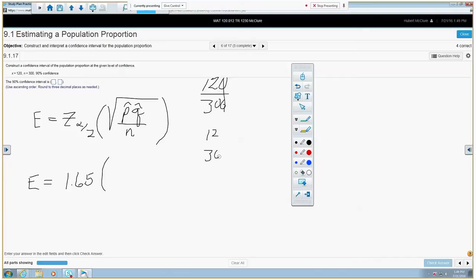Hey, look, we can use that trick I told you, which would be 4 over 10, which is 0.4. And if P hat is equal to 0.4, then Q hat is equal to 0.6. And that's going to be over 300.